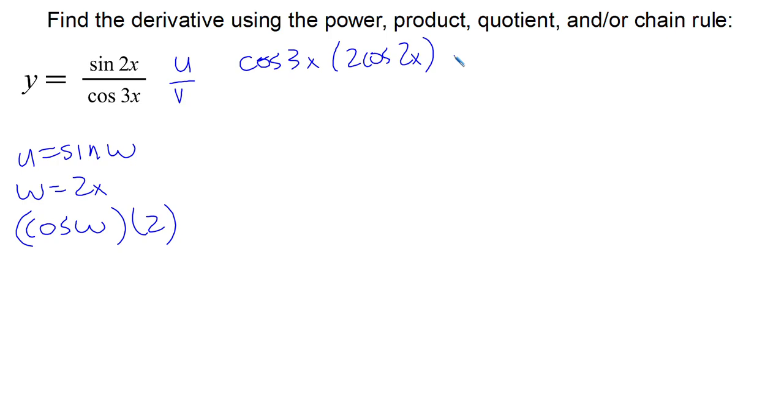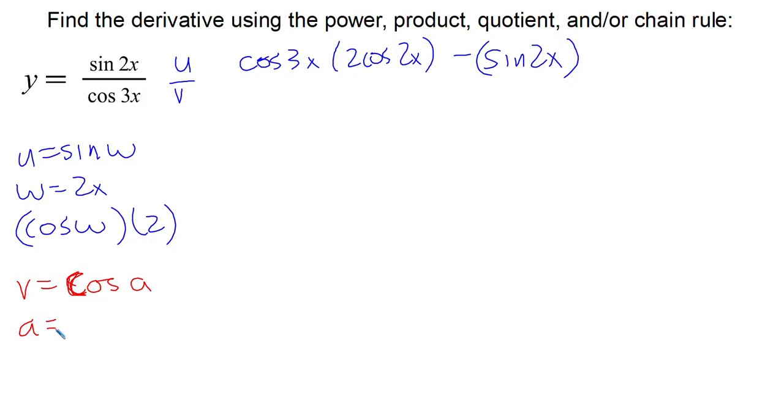So there's our v du, minus our u, sine 2x, times our derivative of v. Well, our derivative of v is cosine 3x. We'll use a again like we did in the last problem, since we've already used u, v, and w.